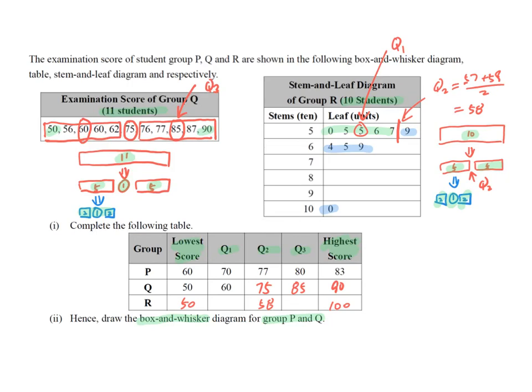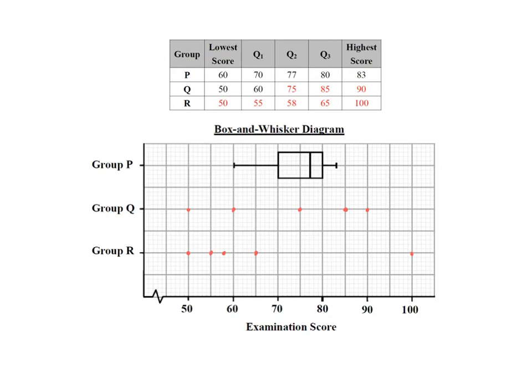For the second half, there are 5 data totally, and the one in the middle would be 65, which is our Q3. Therefore, we got 55 for our Q1, and then 65 for our Q3.